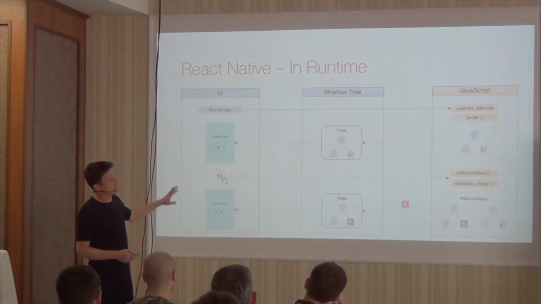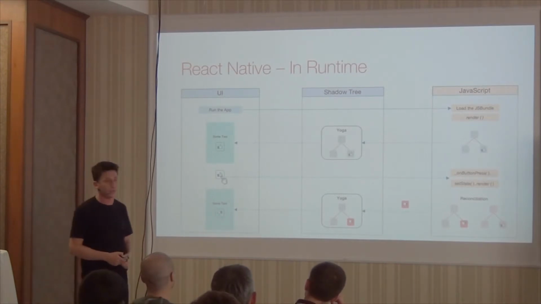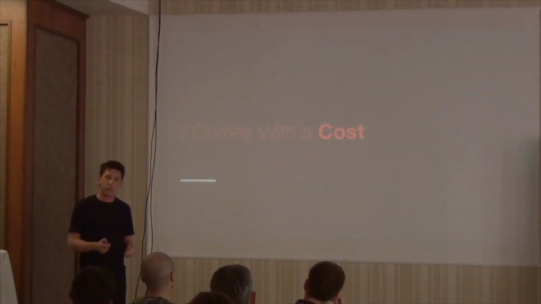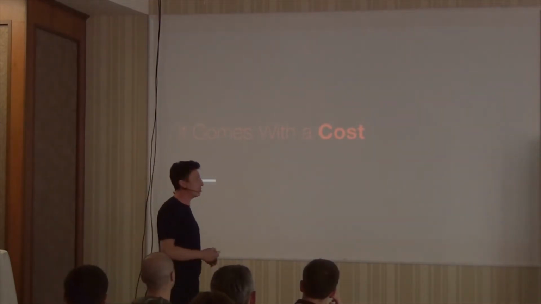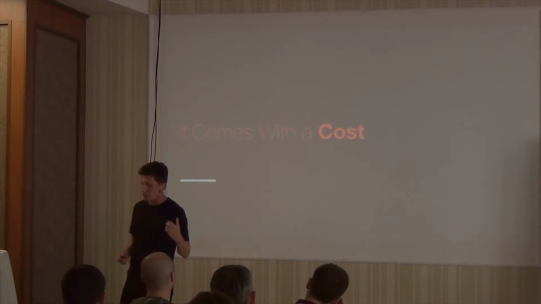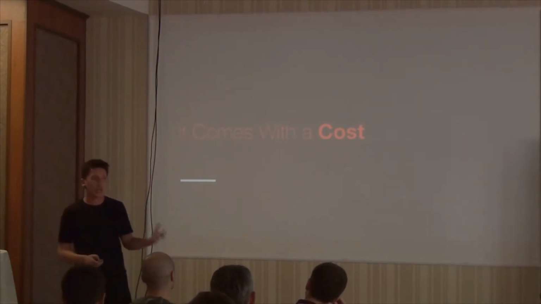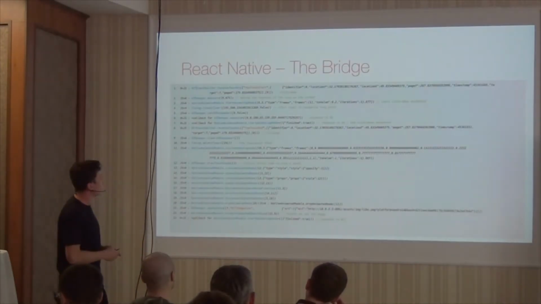So this is how React Native works, and it looks awesome, and it kind of works. But everything comes with a cost, and in some cases there are some problems. I want to introduce you to some problems that we currently have with the React Native architecture. So first of all, the bridge.